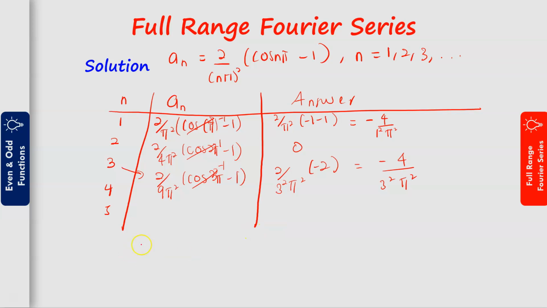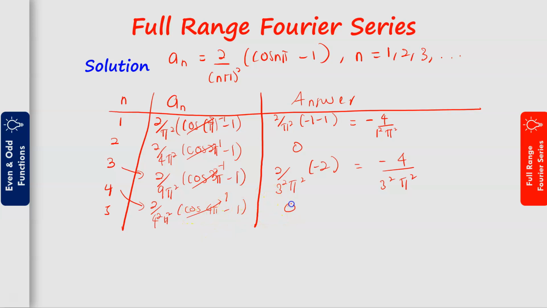And then when n equal to 4, actually for this case, when n is an even number, I get 0 for this function. That is 2 over 4 square pi square (cos 4 pi minus 1). In this case, cos 4 pi is actually 1.